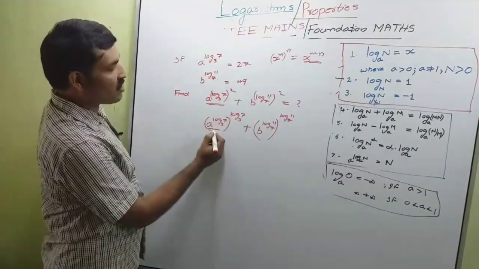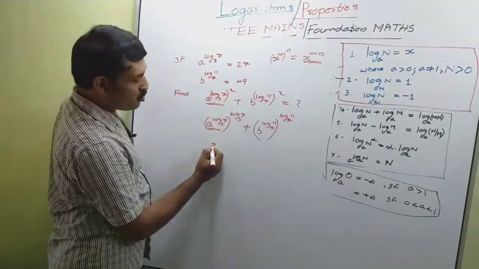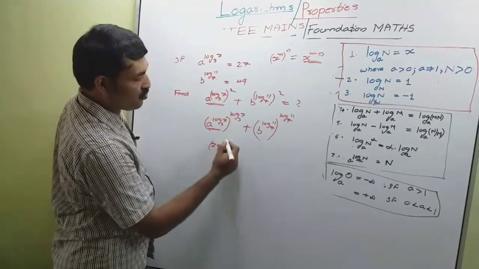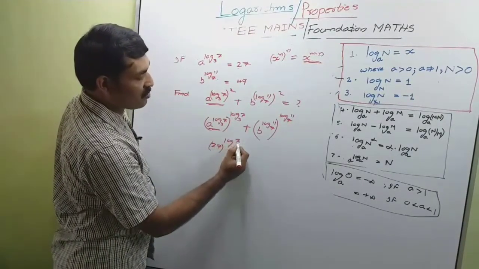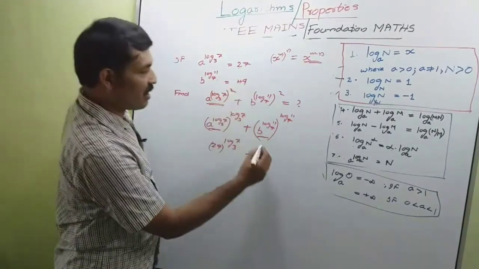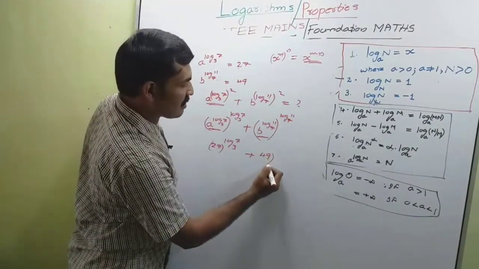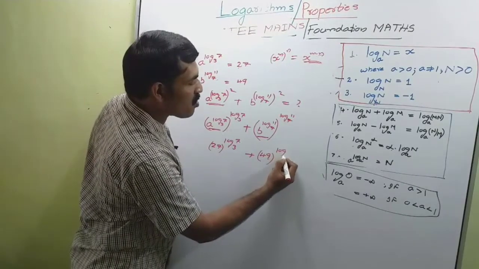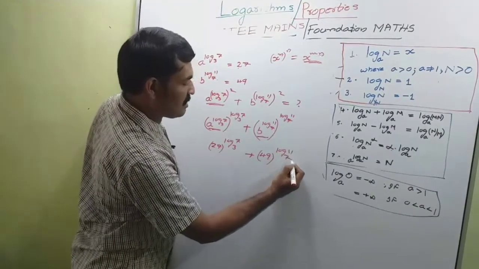So the value of this term is equal to 27. So 27 raised to log 7 to the base 3, plus the value of this term is 49, 49 raised to log 11 to the base 7.